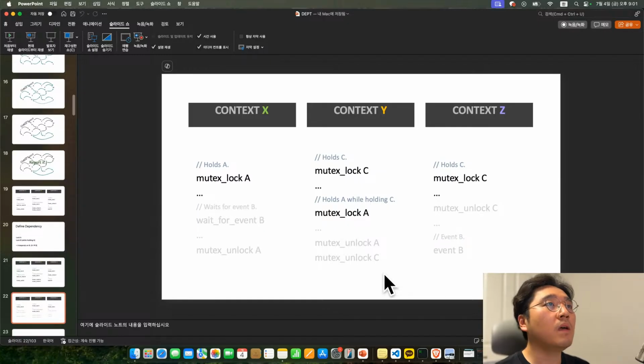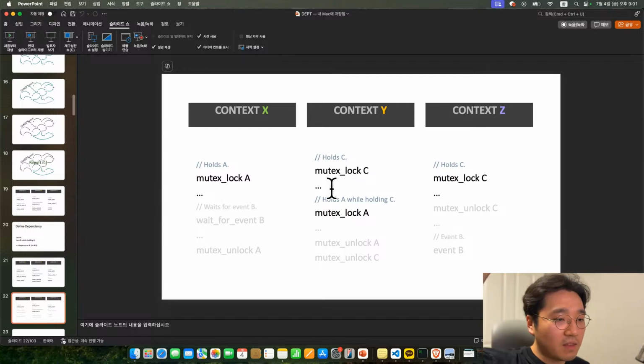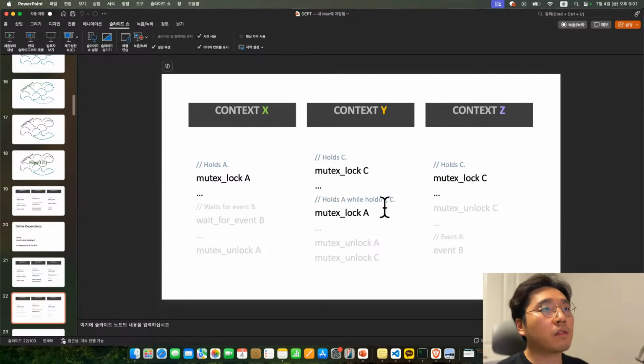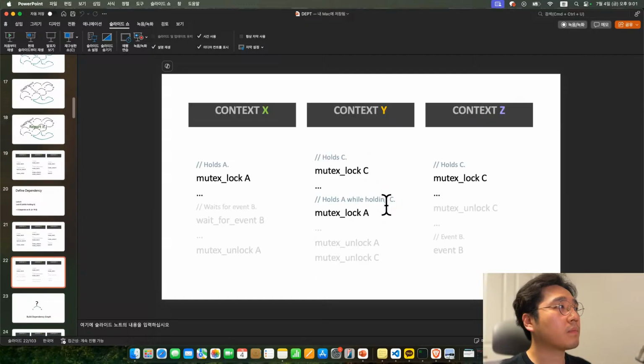Each context is holding its lock, and context Y wants to hold the lock A, but context X is holding the lock A, so context Y is waiting.